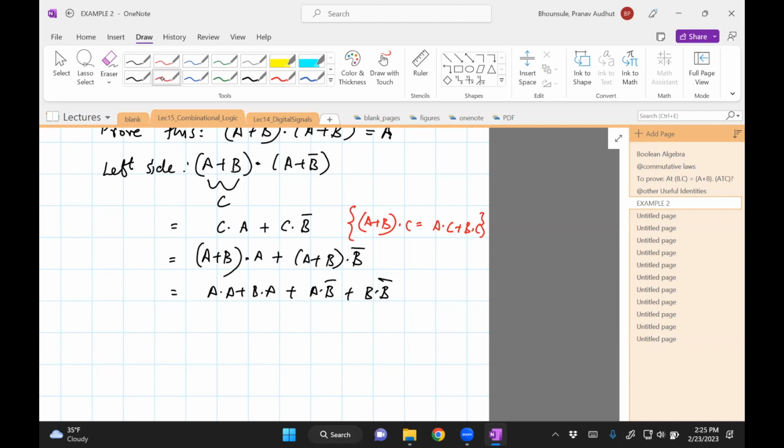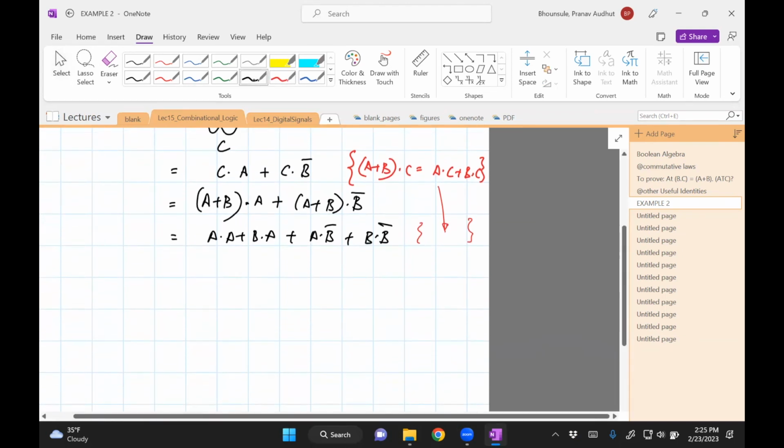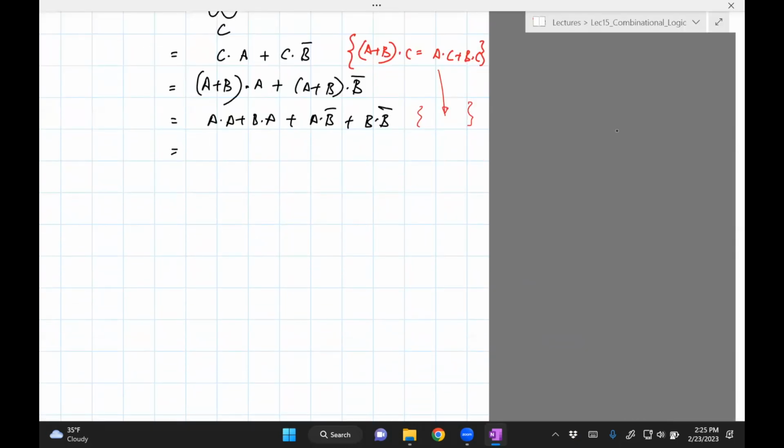Now let's see how we can simplify this. We have A dot A, and we know that A dot A is A, right? 0 times 0 is 0, 1 times 1 is 1, which means A times A is just A. To simplify this, it's best to pull out A, so I'm going to write this as A dot B plus A dot B complement.